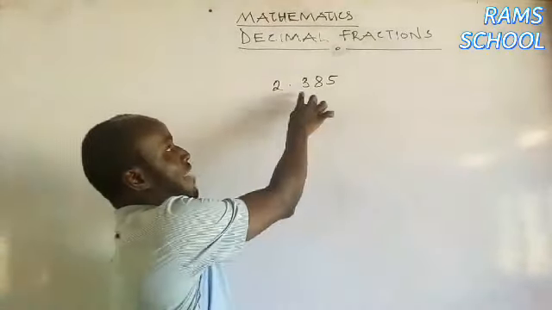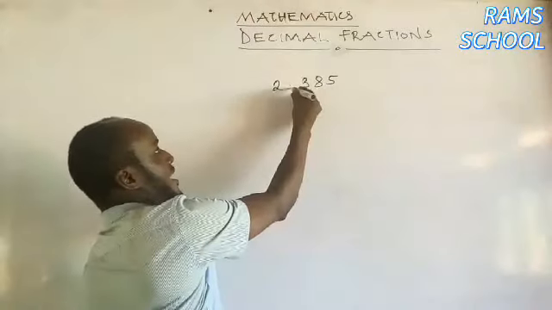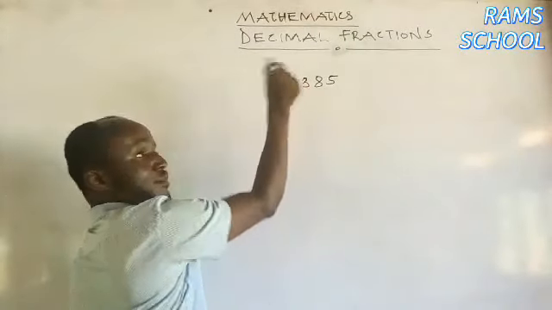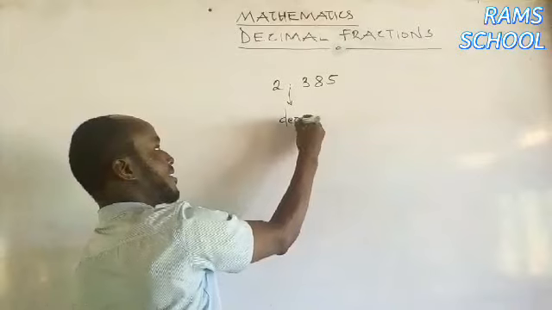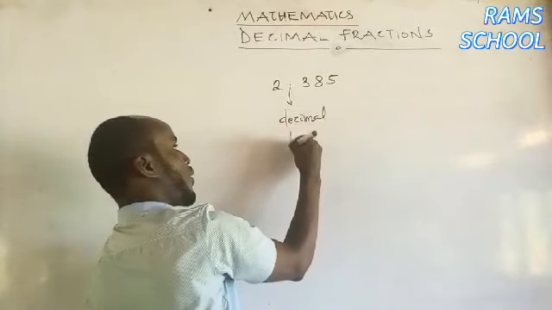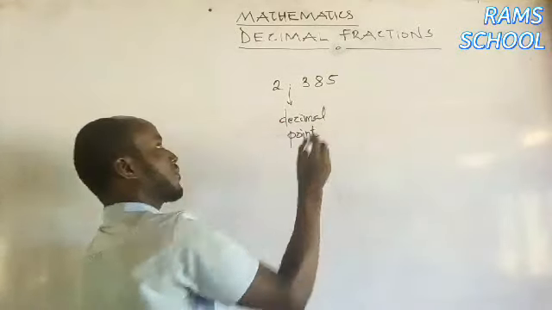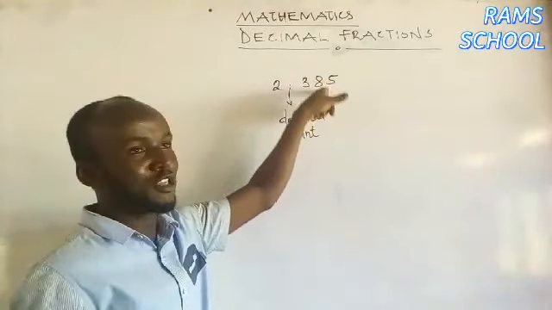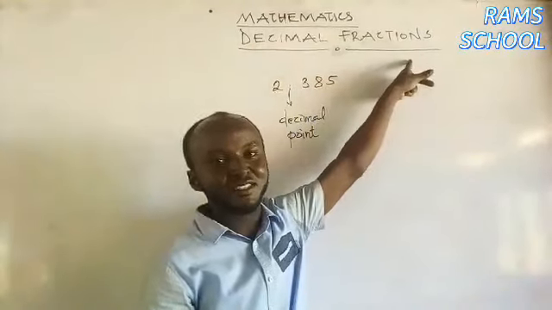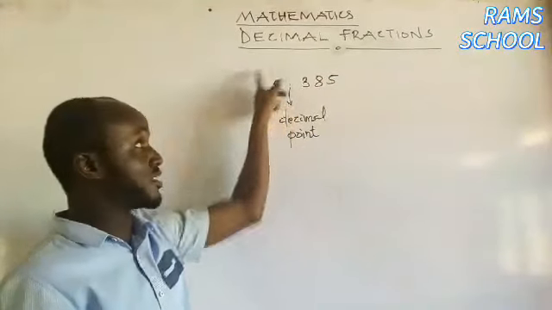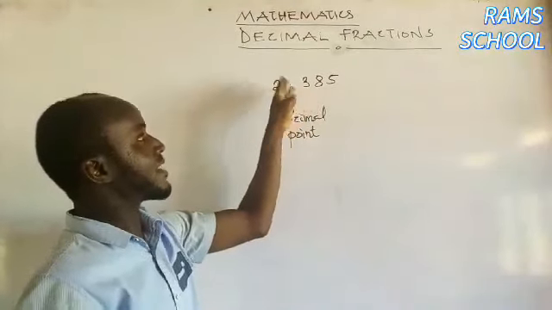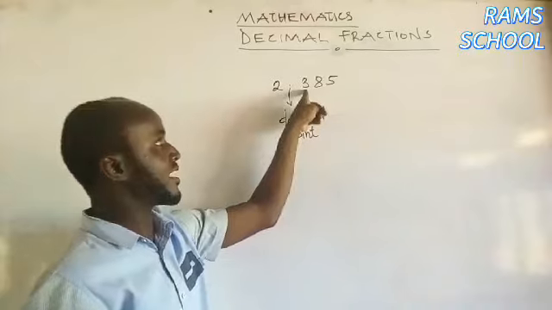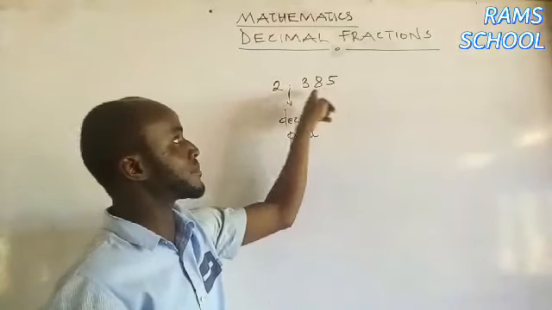All the digits after the point are read individually. We call this point here the decimal point. After the decimal point, all the digits there are what we refer to as decimal fractions. The 2 is not a decimal fraction, the 2 is a whole number. All the digits after the decimal point, 3, 8, 5, are decimal fractions.